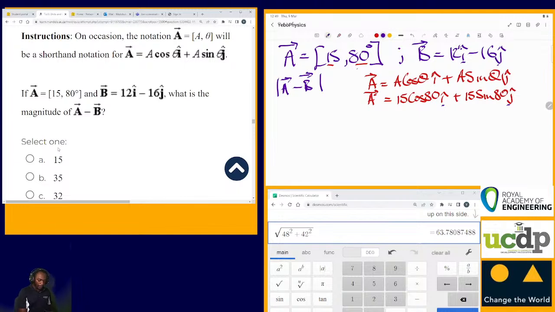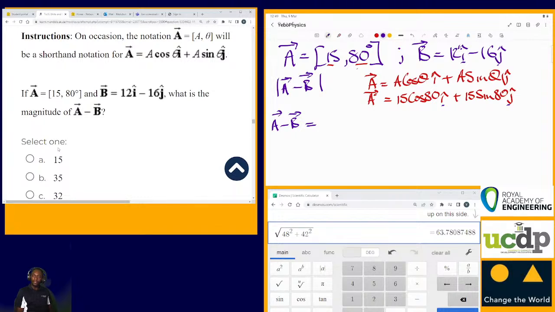So now let's look for vector A minus vector B. In this case we are subtracting, so it's going to be A minus B: the component of A in the i minus the component of B in the i as well.